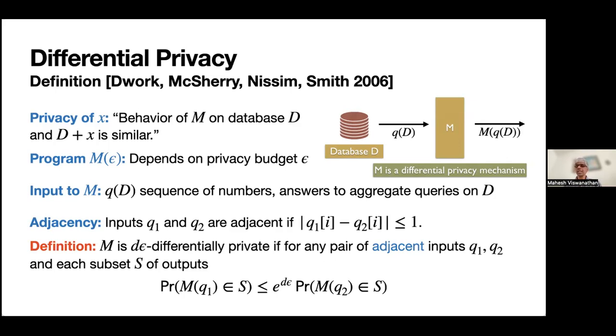And closeness is characterized by the fact that these probabilities need to be related by a factor of e to the d epsilon.